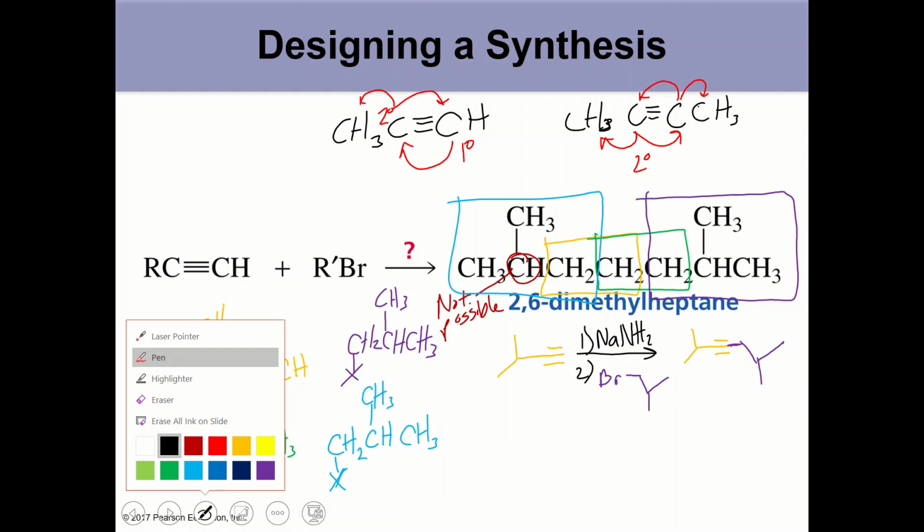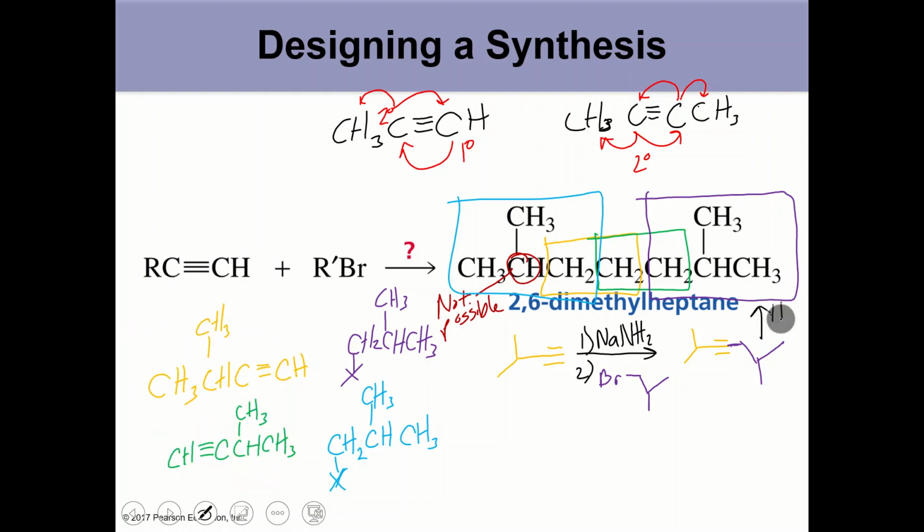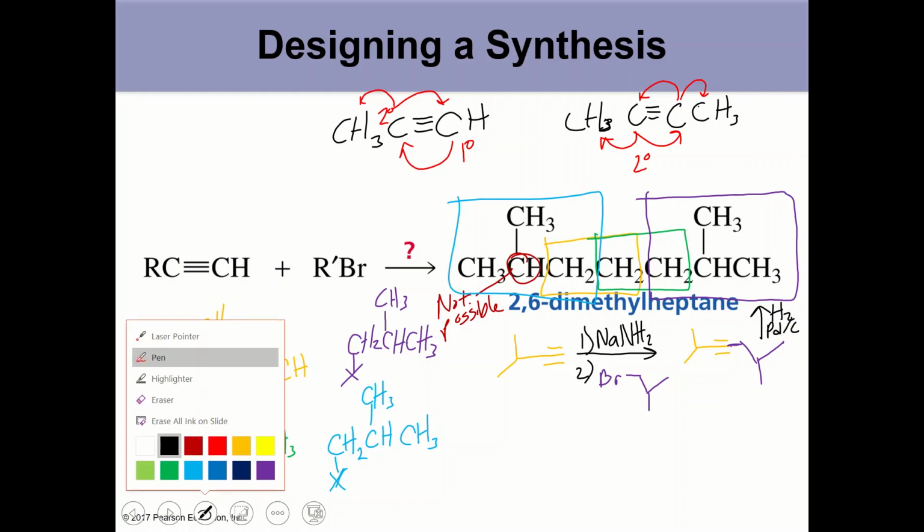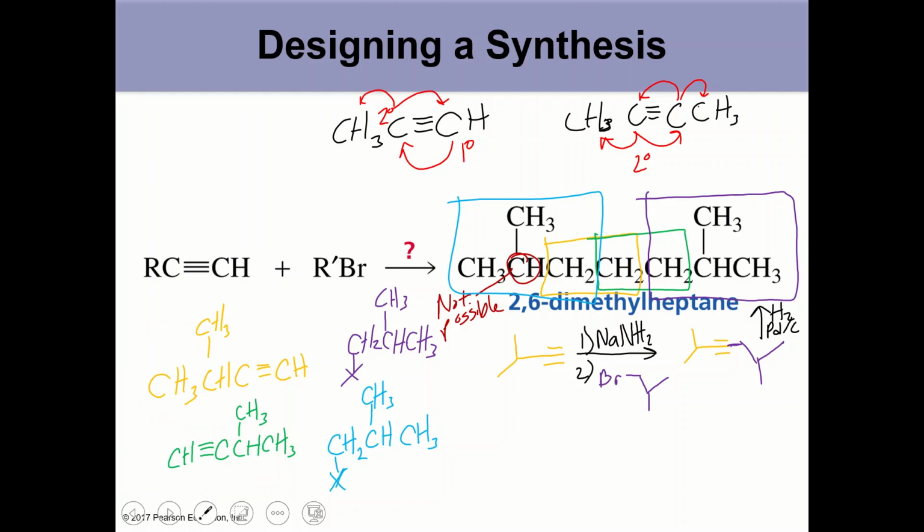And I'm going to squeeze that in, pointing up, to show that it goes to that product. So let's read through this and see if it matches.